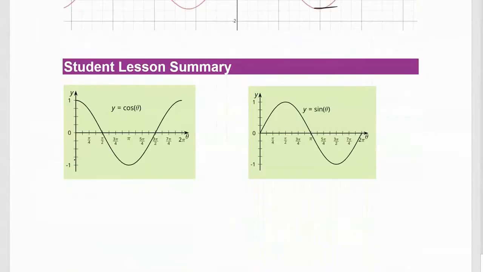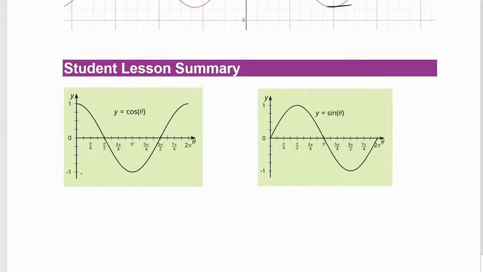In the end, the lesson summary is basically this: cosine of theta, you start at 1; sine of theta, you start at 0. What do you notice, by the way? A full circle is from 0 to 2 pi.